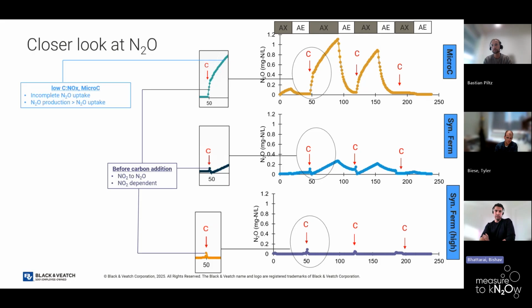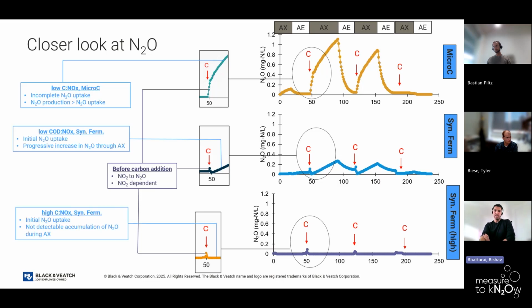But the interesting thing was, as soon as you added carbon in micro C, the liquid nitrous oxide concentration started increasing from there. You can see there's a slight change in slope as well. So you were seeing nitrous oxide creep up after that, while in the case of synthetic fermented, we were seeing that nitrous oxide being uptaken.